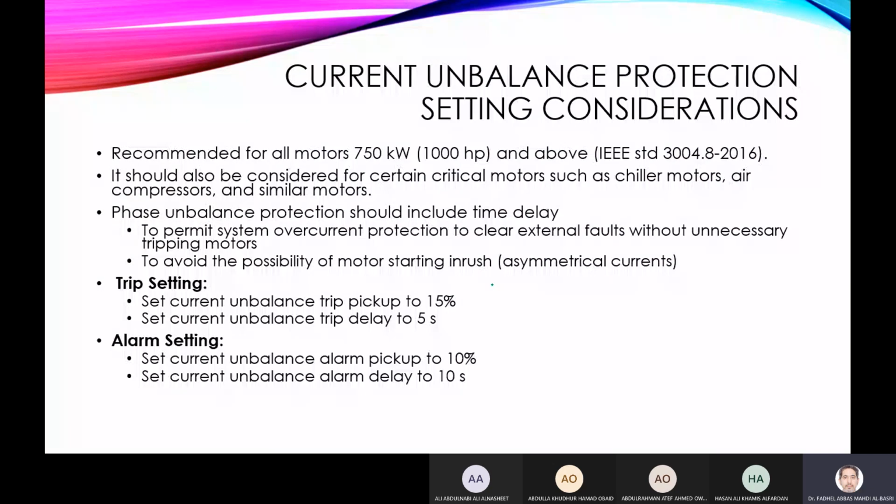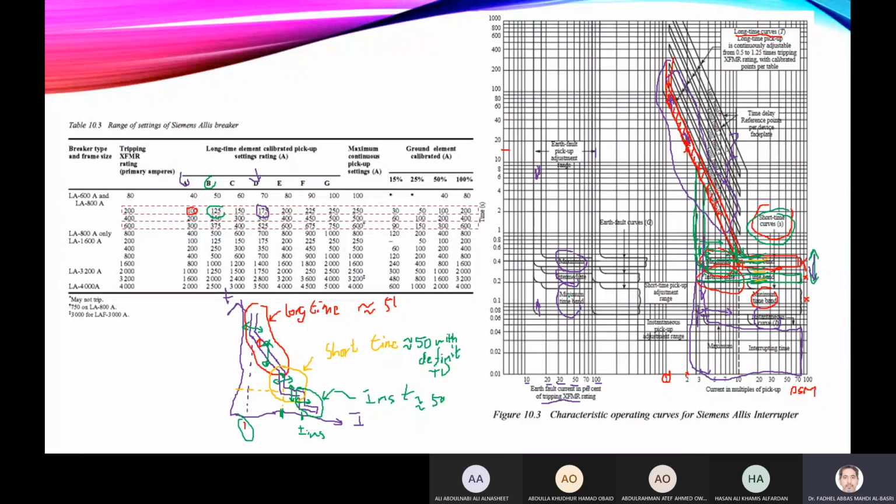You choose the curve band that gives you a delay of 0.2 seconds. So here I will choose the intermediate band for the ground. For the pickup, I can take 40% of my full load amps, or even 40% of the pickup setting.